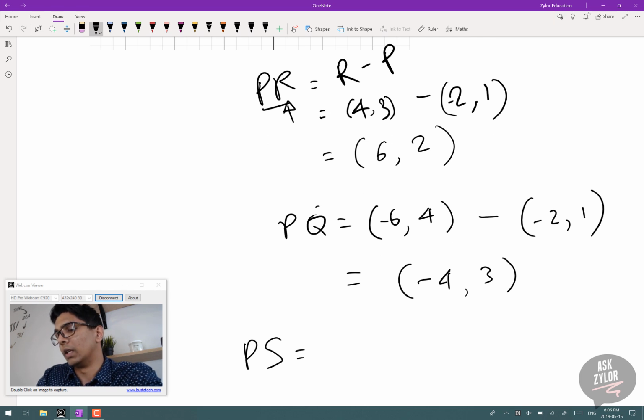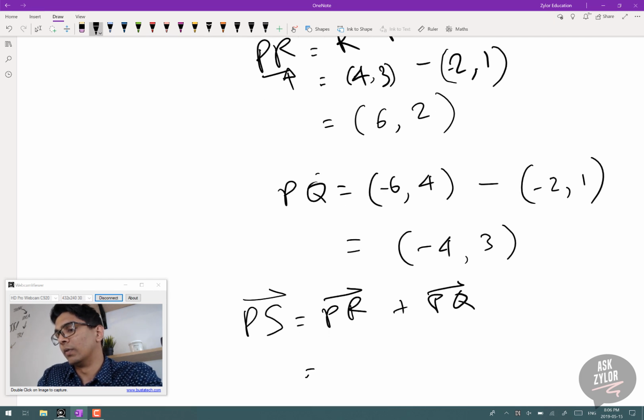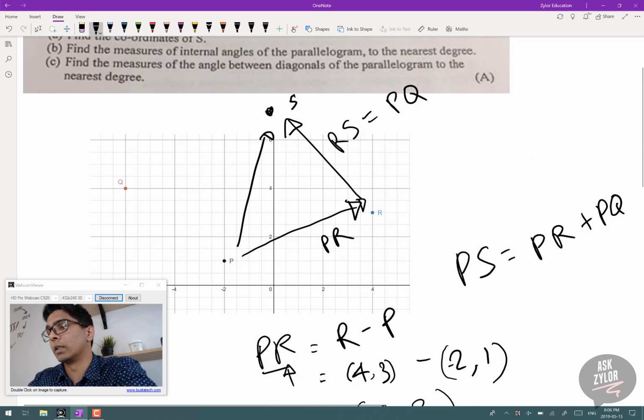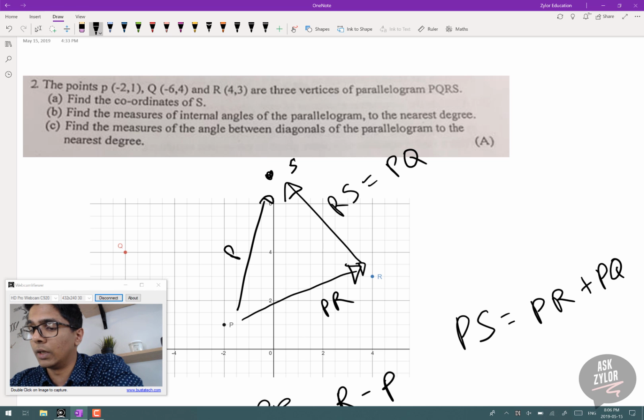So my PS is going to be PR plus PQ. The 2 vectors are 6, 2 plus -4, 3. When I add them together, I should get 2 and 5. So I found the vector from P to S, so over here, PS. Right?